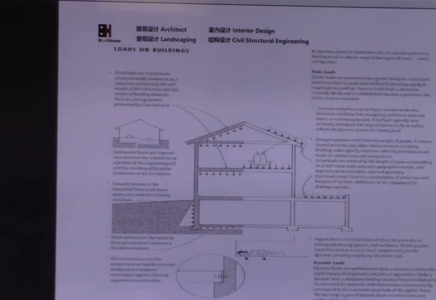And the static loading, we can divide into several kinds. So we will get familiar with the dead load and the live load. Dead load is a static loading that acts vertically on the structure.